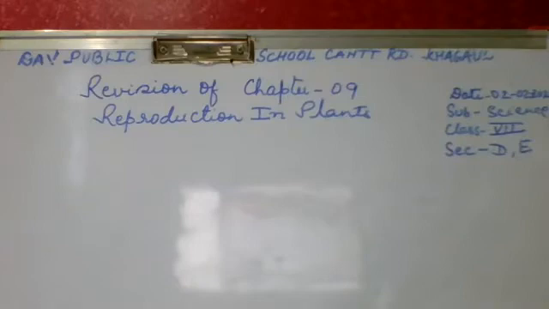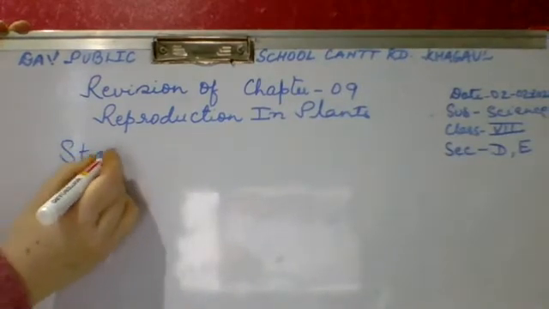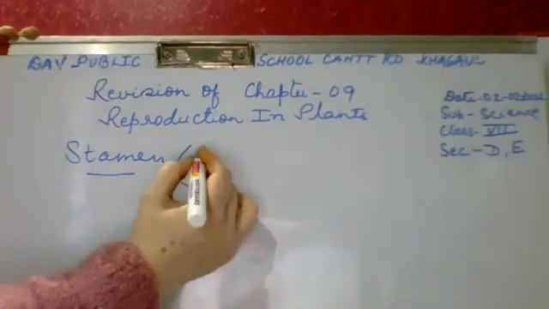You say stamen. Will you say stamen? Stamen is the male reproductive part. Don't get confused, children. Always remember, stamen is your male reproductive part. Clear? This is your male reproductive part.